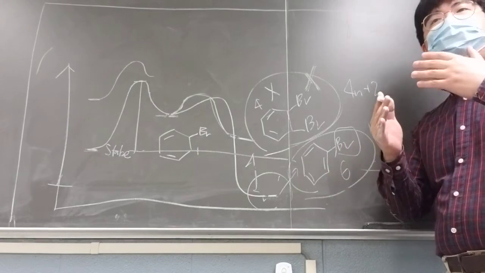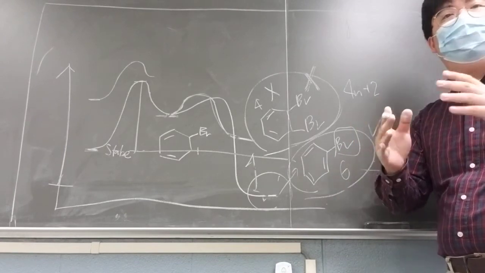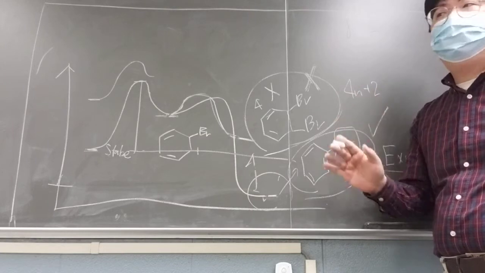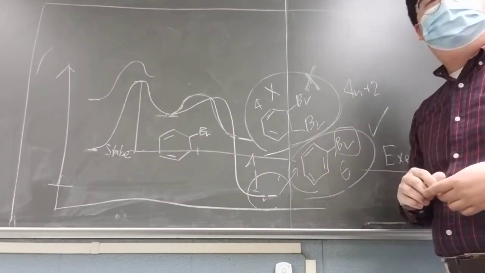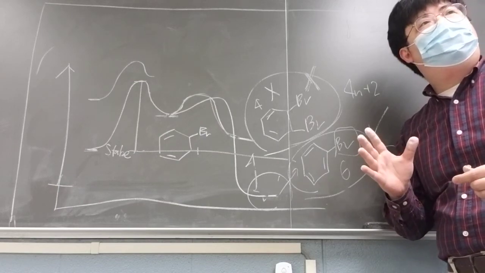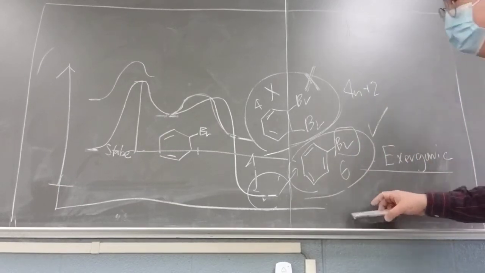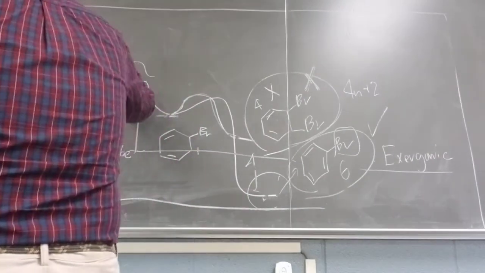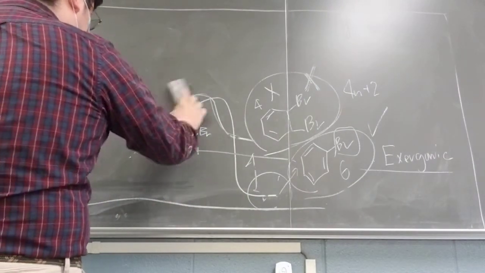So this is the major difference between just conjugated alkenes, like diene kinds of compounds, and the ones in aromatic compounds. Okay. Kind of makes sense?